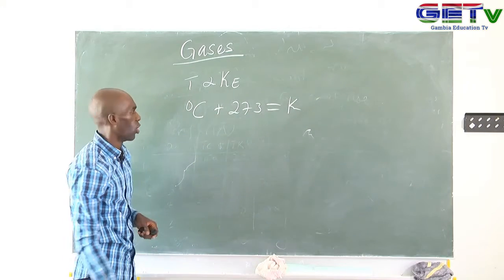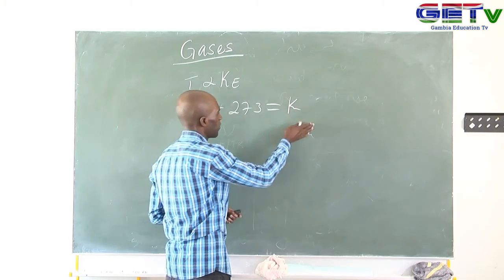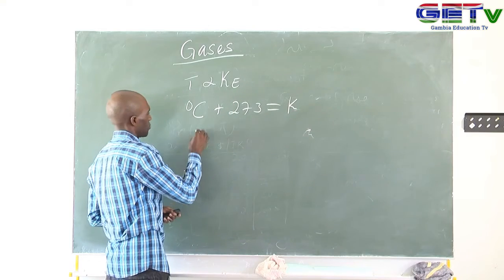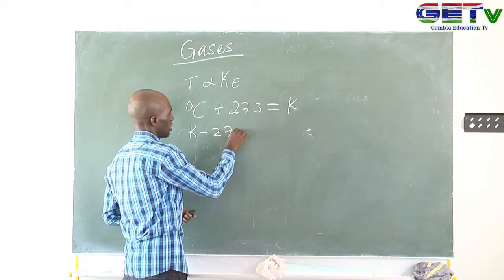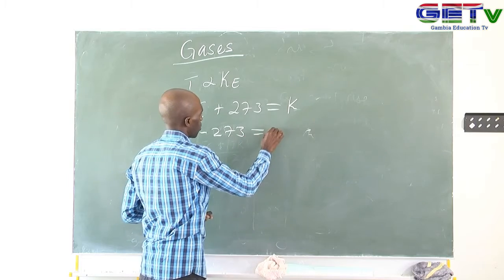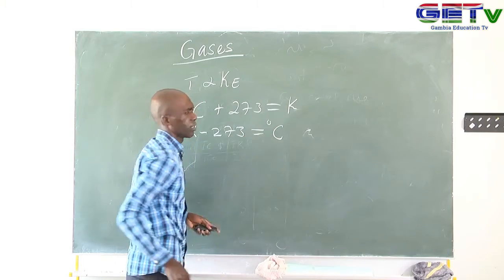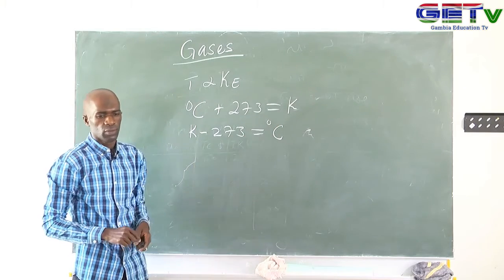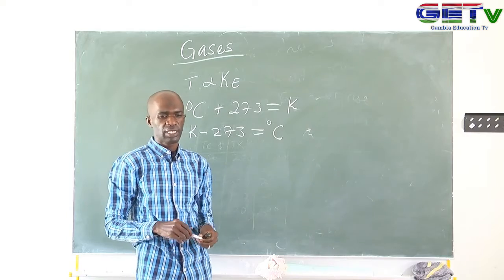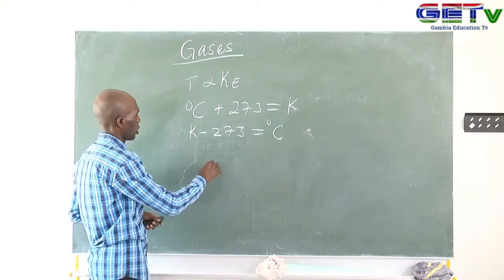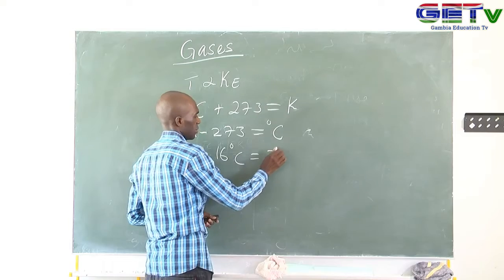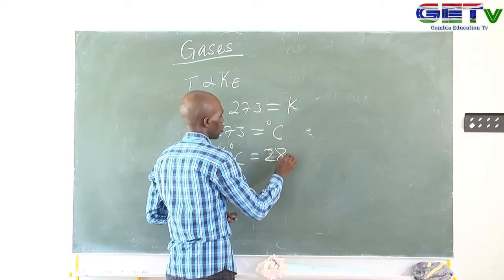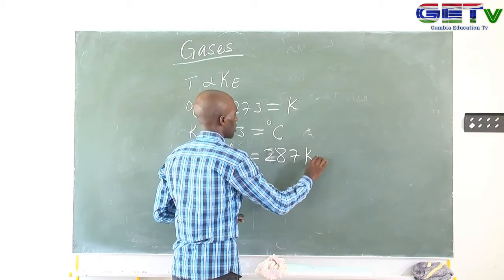Or if you want to convert from Kelvin to degrees Celsius, it's going to be Kelvin minus 273 equals degrees Celsius. So a temperature of 16 degrees Celsius will be equal to 287 Kelvin.